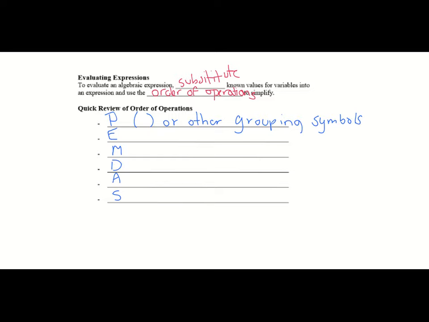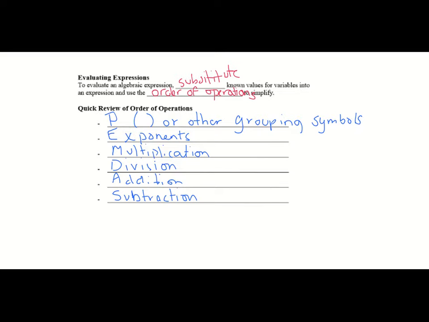E stands for exponents. M stands for multiplication. D is for division. A is addition. And S is subtraction.